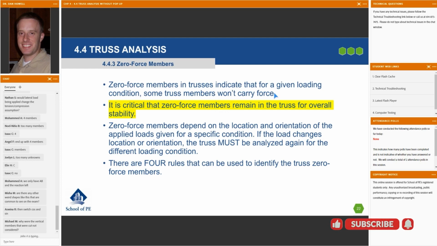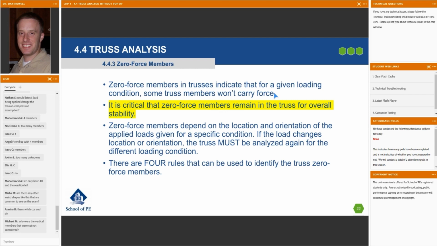If I can eliminate 1 or possibly 2 of those right off the bat as zero force members, well, I've just reduced my computation time by 1/3, if not 2/3. So I don't have to do method of joints, method of sections, method of joints. So it's all about time management, and that's how I would approach a problem that has multiple member forces in a truss. The first thing I'm looking for is a zero force member.